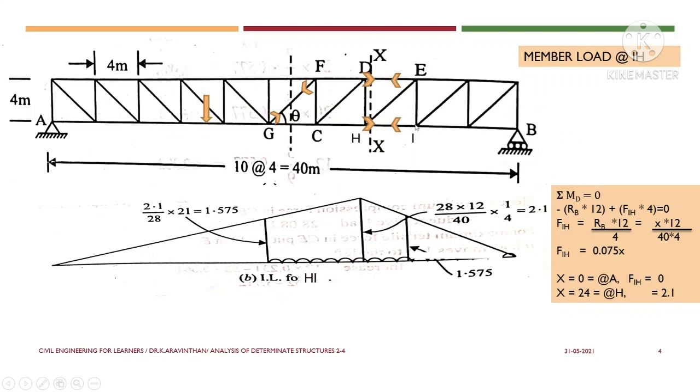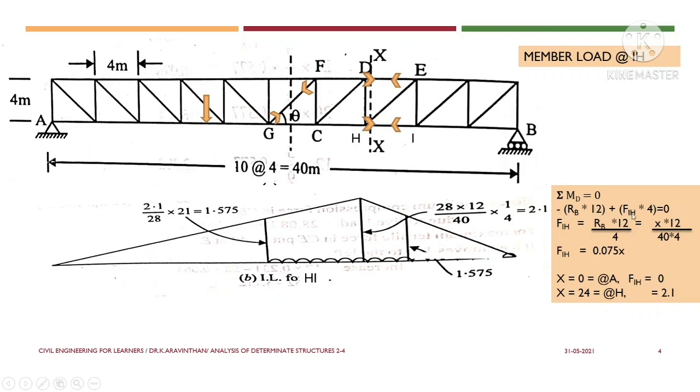So the same thing, FIH. This is starting from the joint I and ending at the joint H. So force IH, which is clockwise, and hence it is taken as positive, FIH into 4. So the distance is 4 here, and you have RB into distance, which is 12. So this is anti-clockwise, hence it is taken as minus RB into 12.